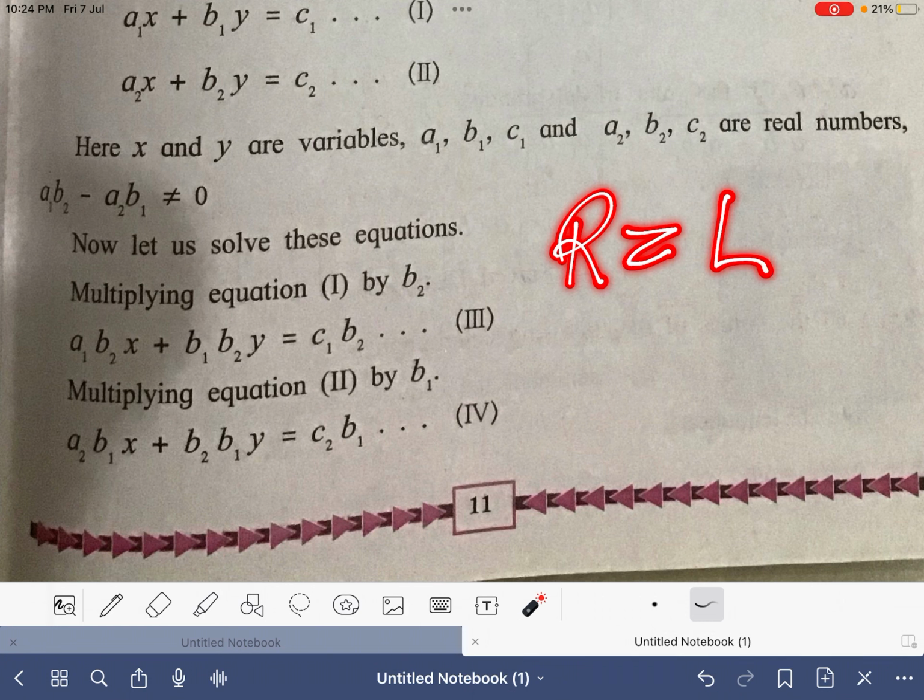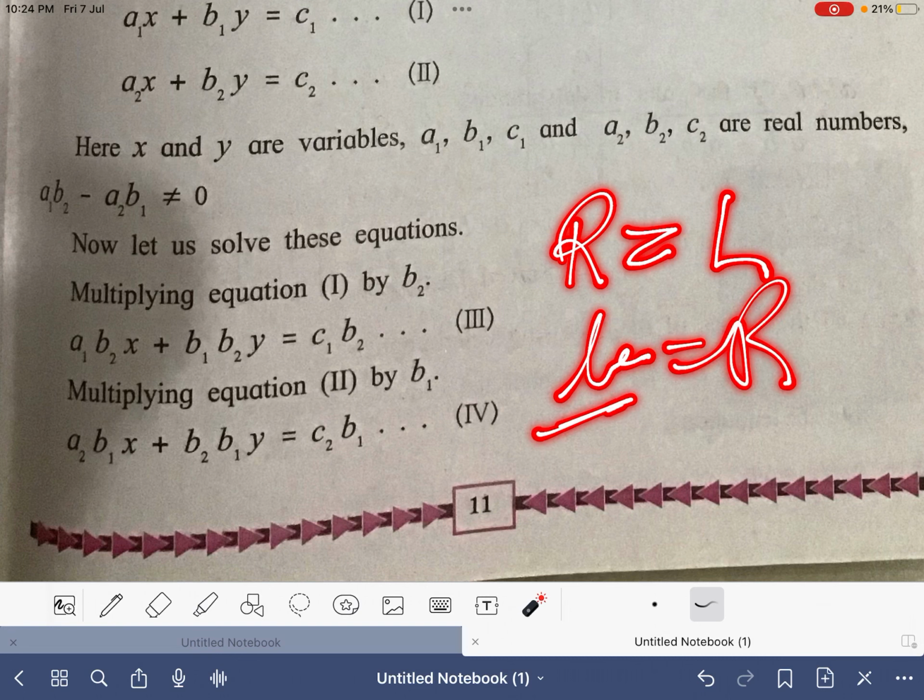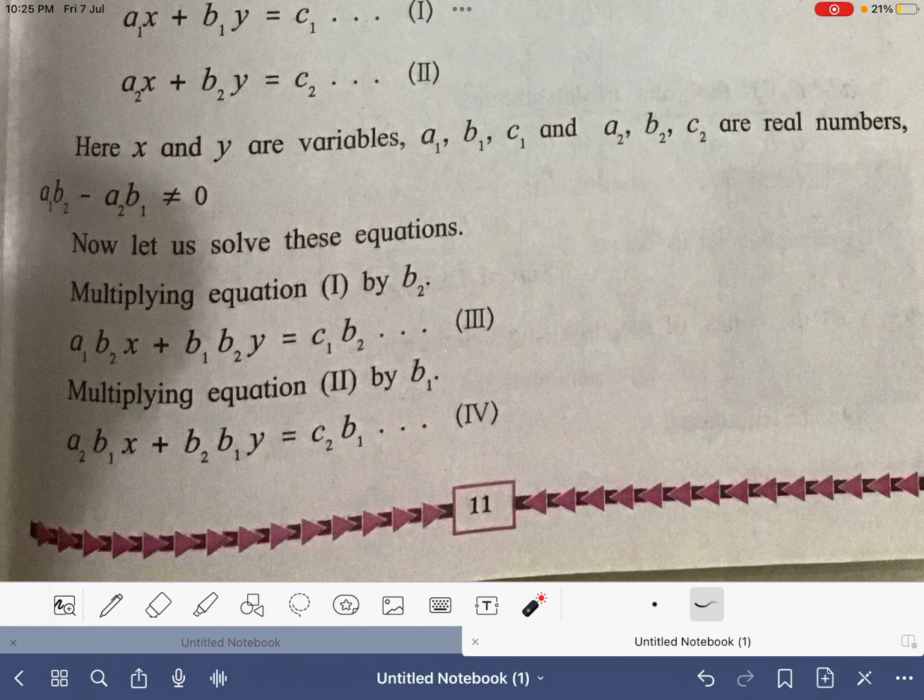Take the example of shoes: we use both the left and the right at the same time. Whatever operations we perform on the left side, we have to perform the same operation on the right side. So similarly, multiply this by b1, and we get a2 b1, b2 b1, and c2 b1.